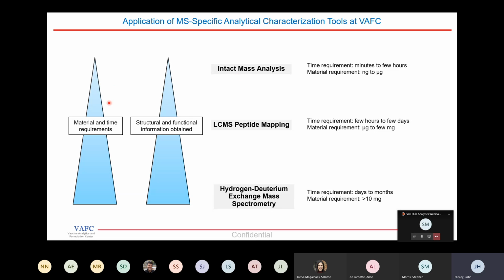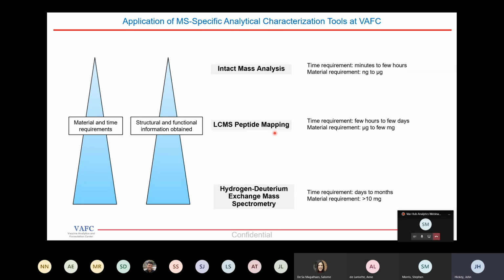On the left here, I just have a crude example of how much information, and how much material and time, are required for each technique. With intact mass, it's very quick. You can get it done within a single day, requires very little material, but also you're compromised in how much information you can get.